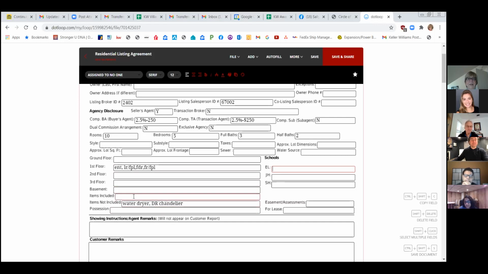Okay, the next line we come to are items included. And usually it will tell you this in the listing. There are two fields in any listing on the MLS. One is items included and the other is items excluded.